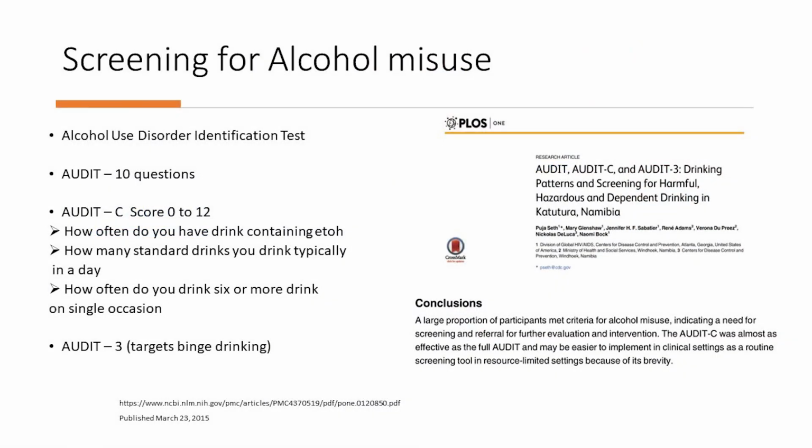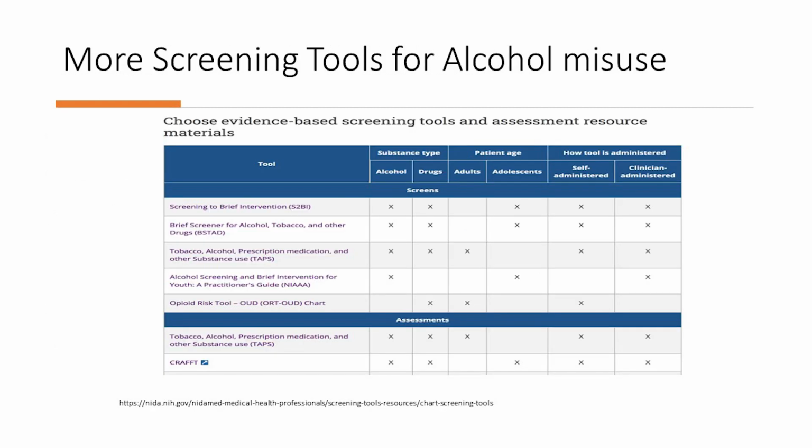We have the longest screening as well, which is the AUDIT tool. It is a 10-question tool. Sometimes folks say, I don't have enough time to get that in, but you can do the AUDIT-C, which is a 3-question screening tool. On this slide, we have some other tools that you can use if AUDIT-C doesn't work for you and you want to use something else.